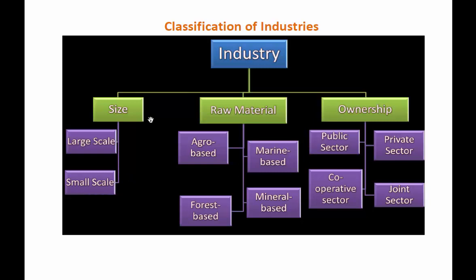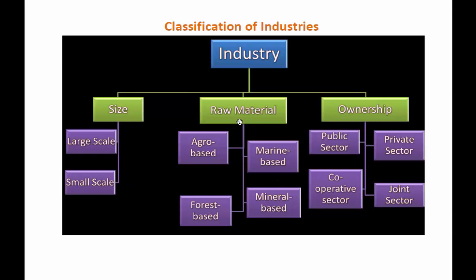On the basis of raw material used by the industry, it is also classified into agro-based industry, that is industry that uses raw material from agriculture and animals, and marine based industry, which means industry that uses raw material from seas and oceans. Forest based industry and also mineral based industry.